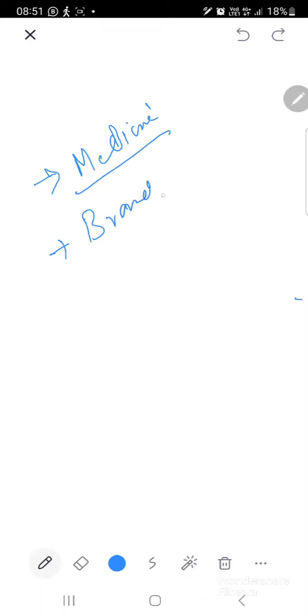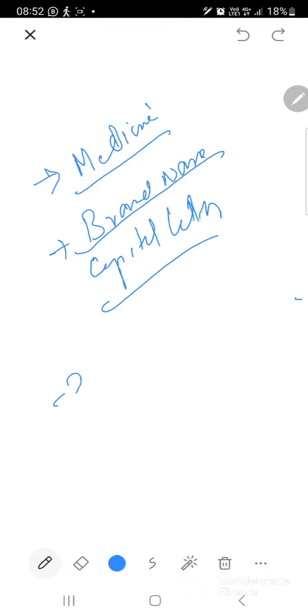Then we have the medicine name. If it's a brand name, then the first letter should be capital or uppercase.